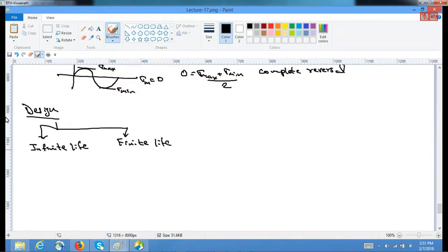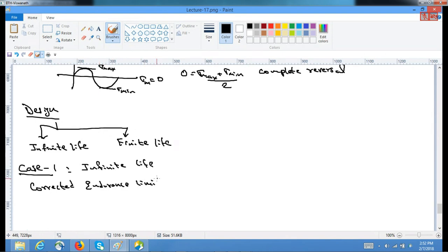So case 1, infinite life, corrected endurance limit is the failure limit. So your maximum or minimum stress magnitude has to be less than the corrected endurance limit. That is the only thing that you need to worry about.